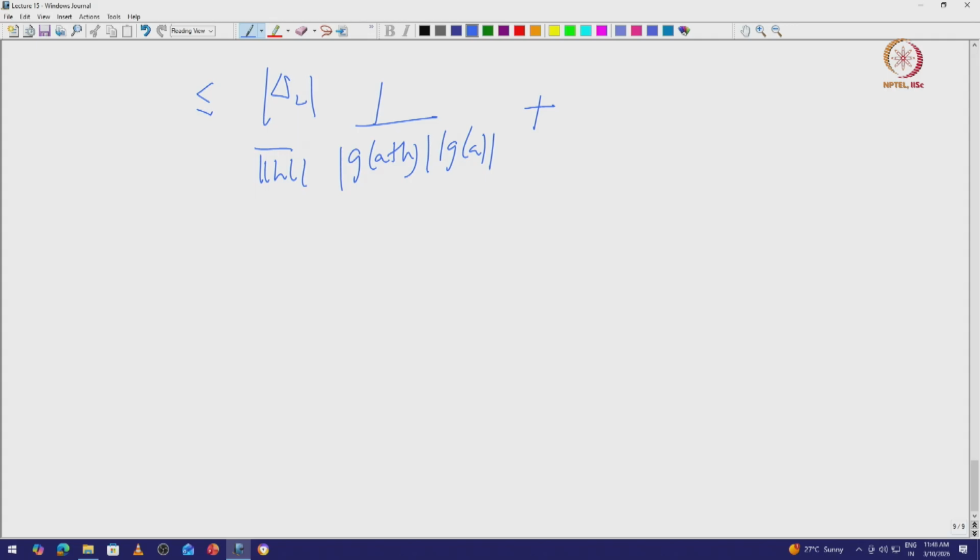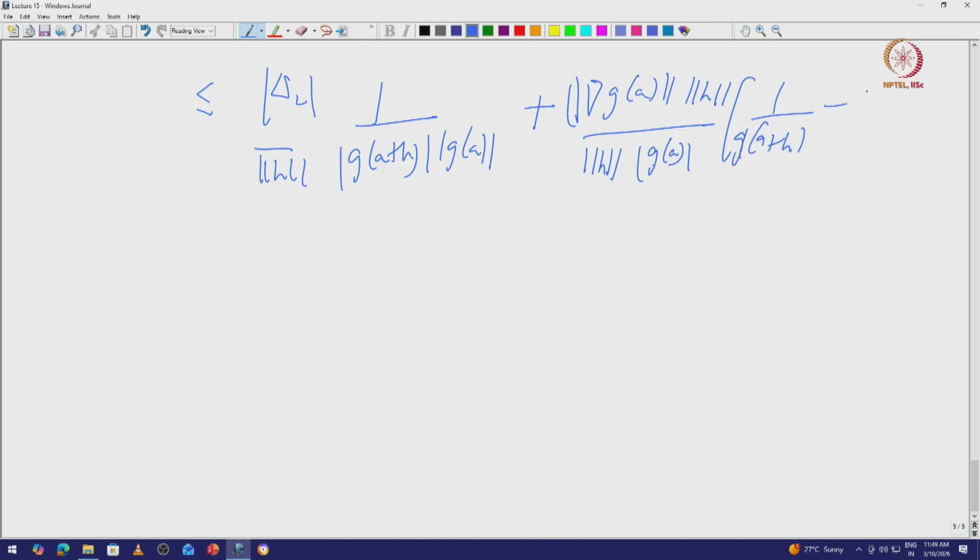So what do we have here? We have the derivative times h divided by norm h, times g of a, and 1 by g of a plus h minus 1 divided by g of a.